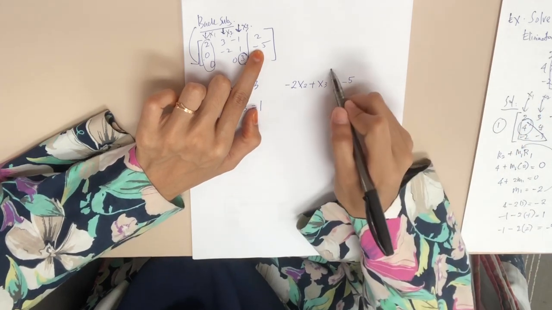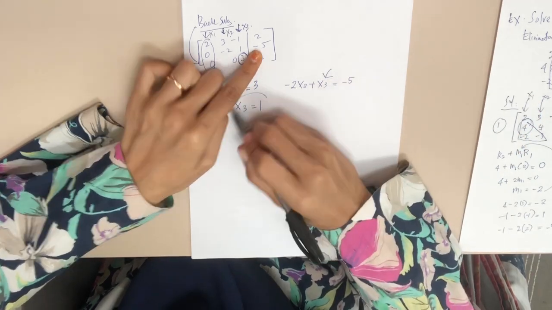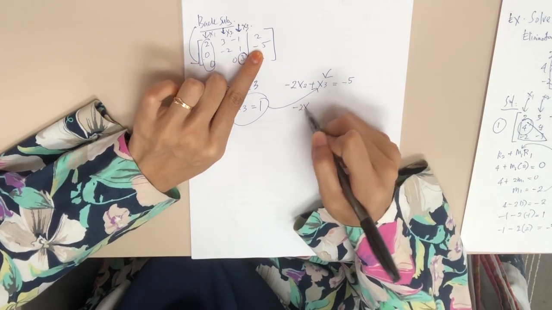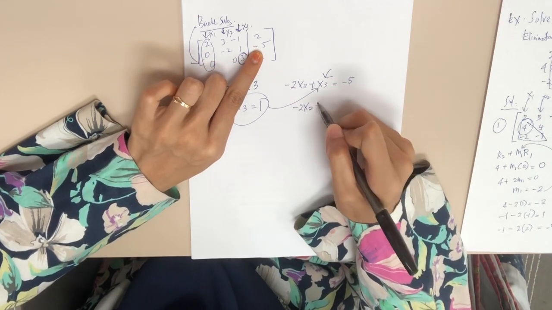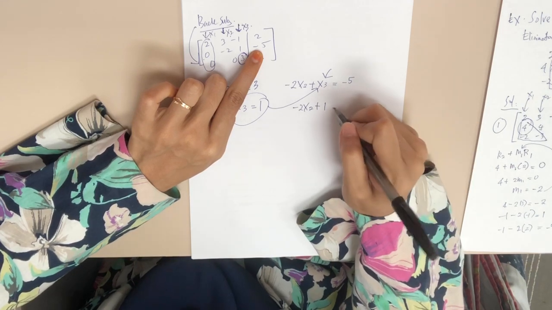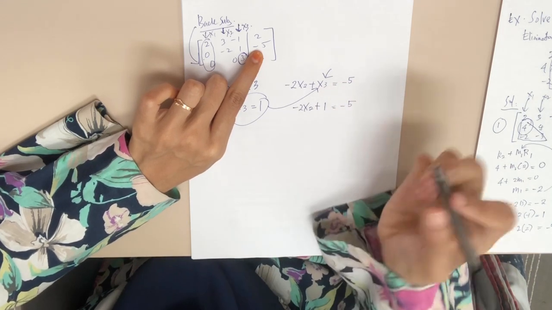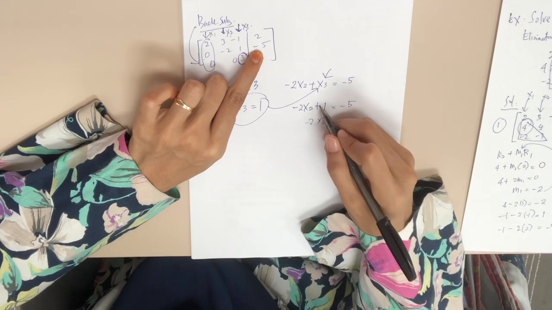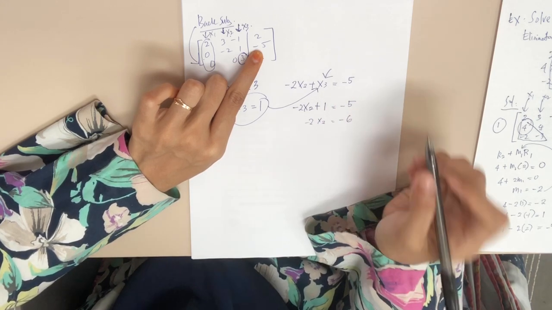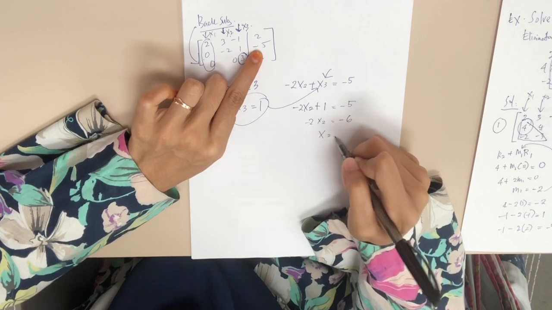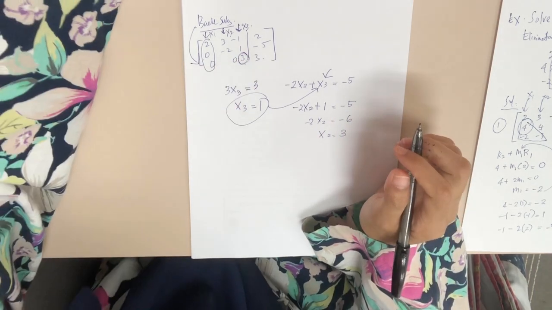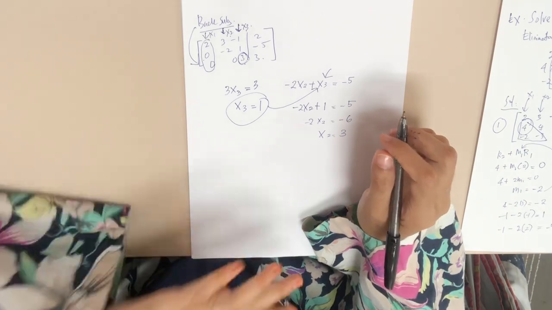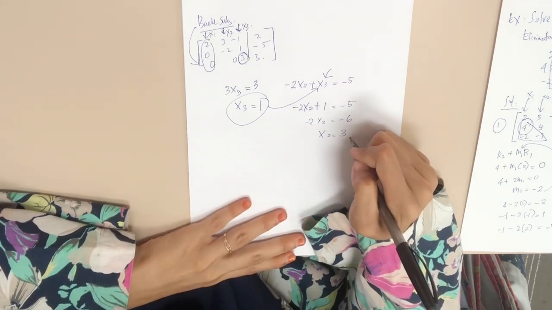You already have the value of x3, so substitute it here: -2x2 plus 1 equal to -5. -2x2 equal to -6. x2 is equal to 3. So you already get the value for x2.